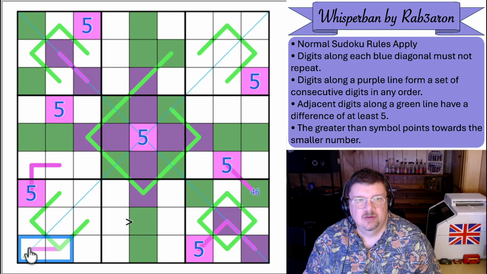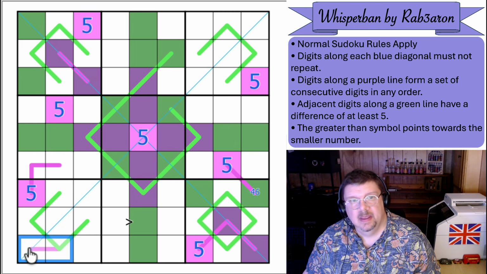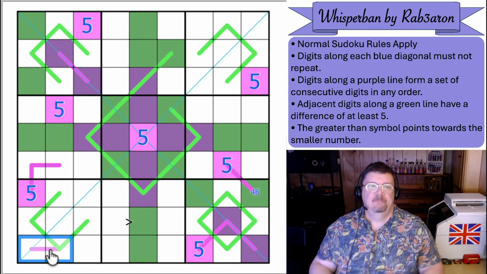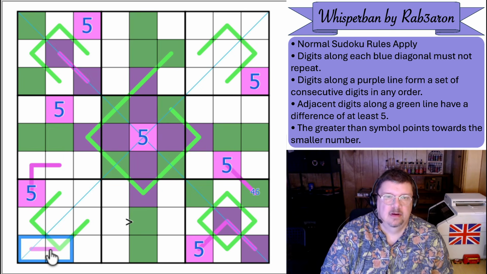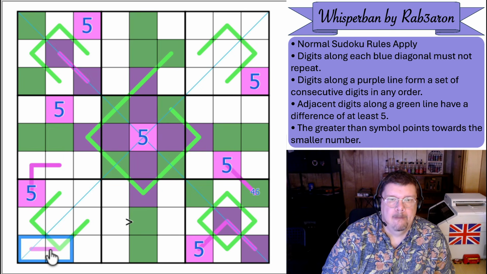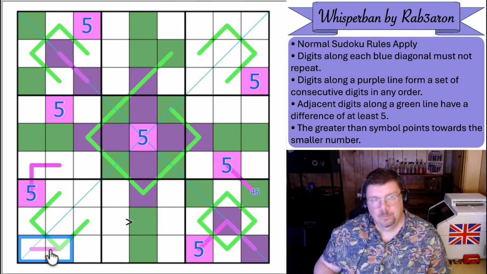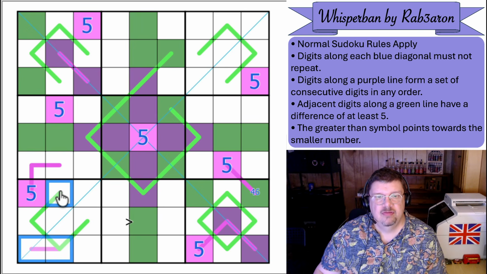These two digits are the same color. Because neither of them can be 5, and therefore they must both be the same color. That makes these 3 digits the same color.